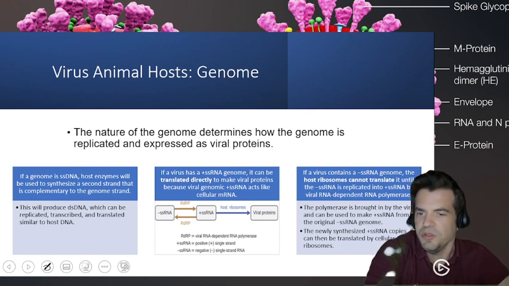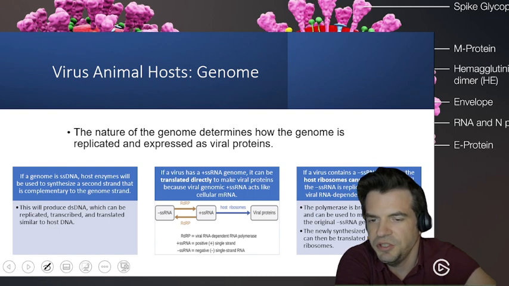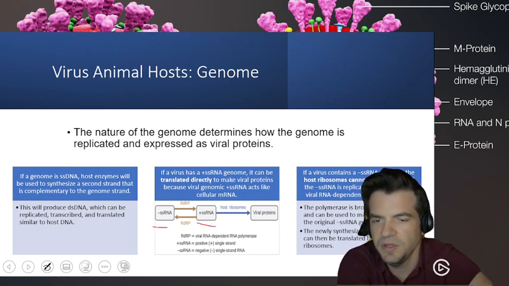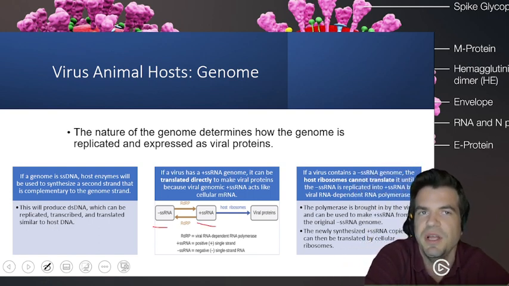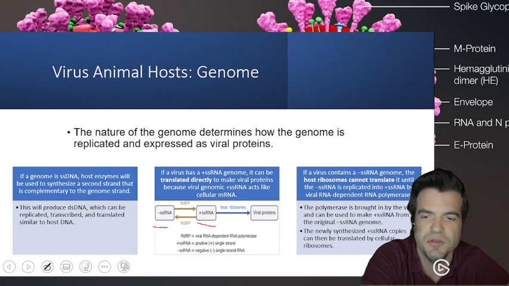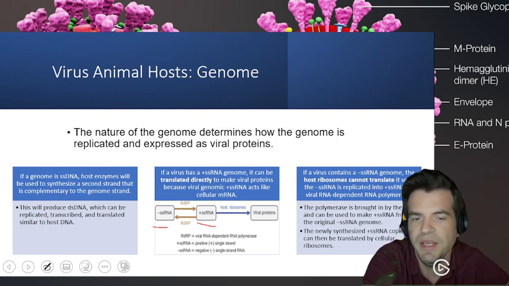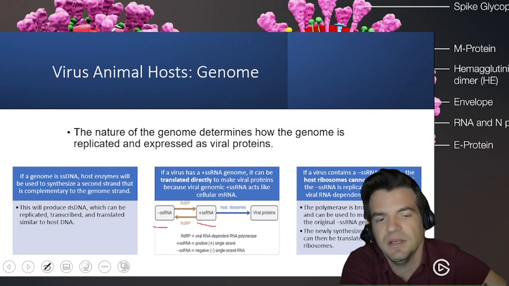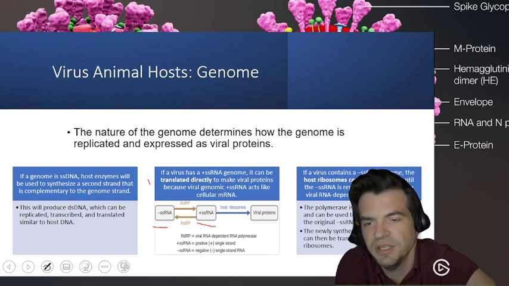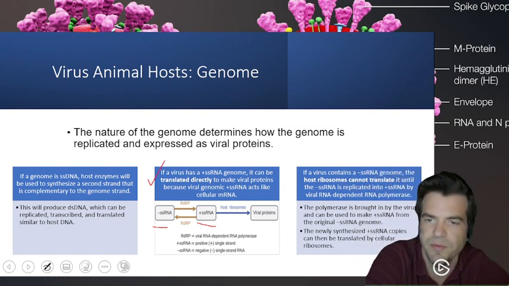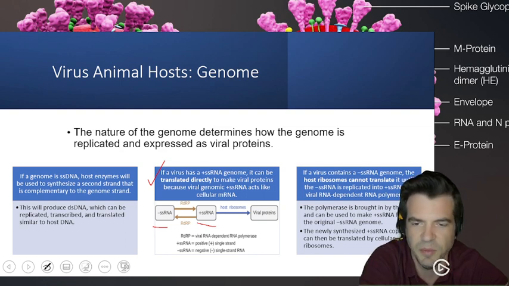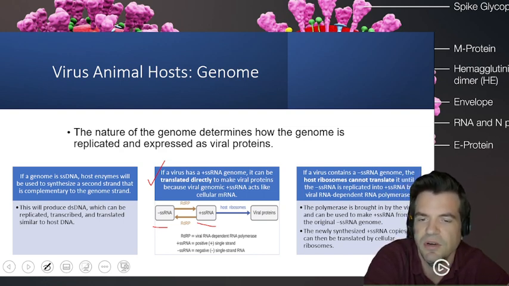In animal hosts, we have a distinction: if you have a single-stranded RNA for a genome, that single-stranded RNA can either be ready to be translated directly, ready to go as soon as it gets in. That would be positive-stranded RNA.